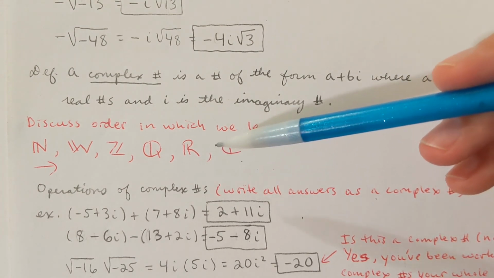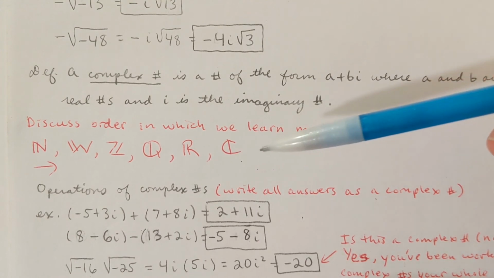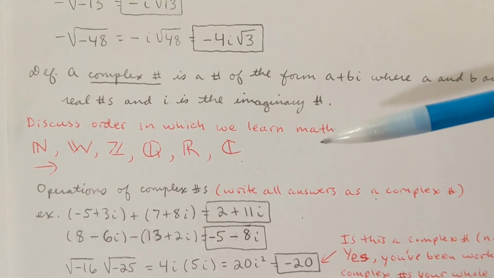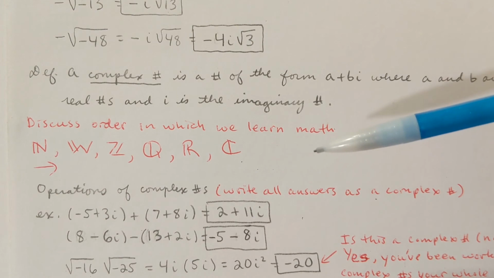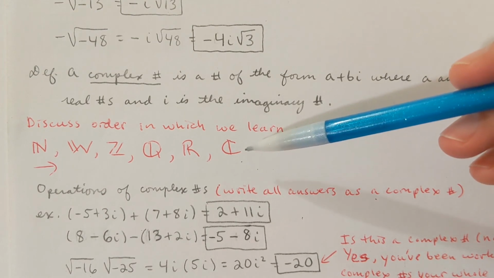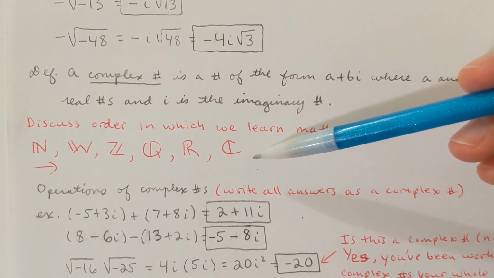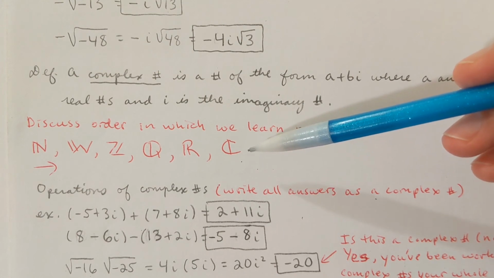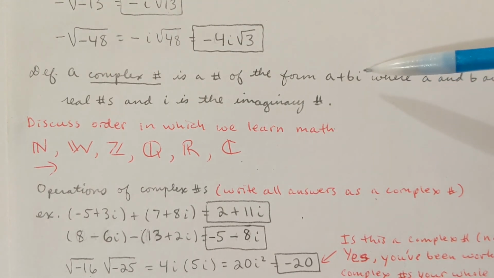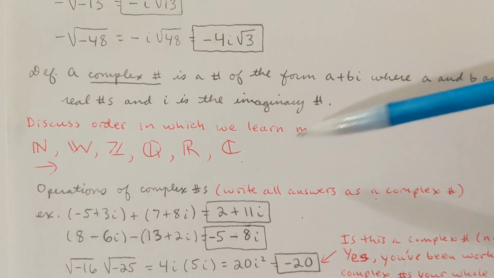Now the set of real numbers does not include all the numbers that I have to know, because I need to include complex numbers. A complex number is a number of the form a plus b times i. a and b are any real numbers, and i is the imaginary number.